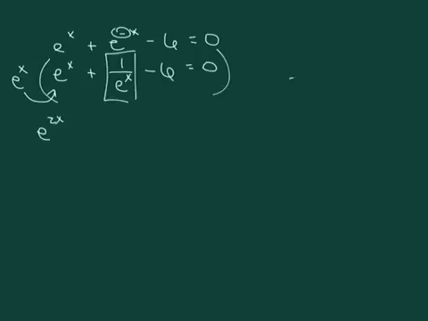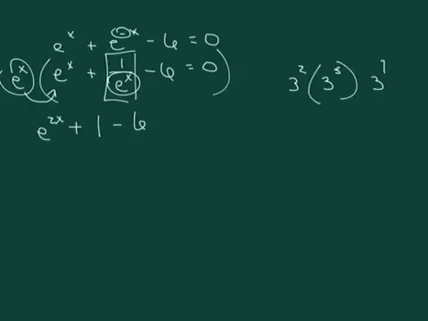Because if I take 3 squared times 3 to the 5th, I get the base, and 2 plus 5 is 7. So I took the base, and x plus x is 2x. My fraction disappears because this cancels with this. Then I distribute that e to the x, minus 6e to the x equals 0. Now it looks more complicated, but it allowed me to get rid of the fraction.